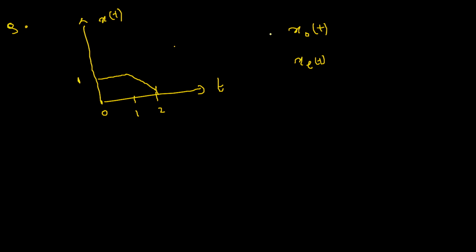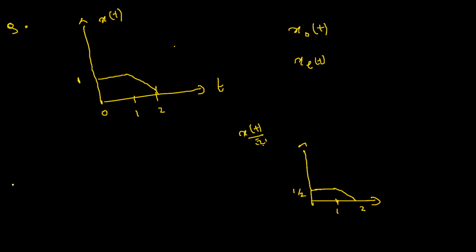The first thing that we should do is find x of t by 2. If we are amplitude scaling, what happens here? The values on the x-axis, which is t, remain constant. The amplitude gets reduced by a factor of 2. So we get 1 by 2. This is 1 and this is 2. So this is my x of t by 2.